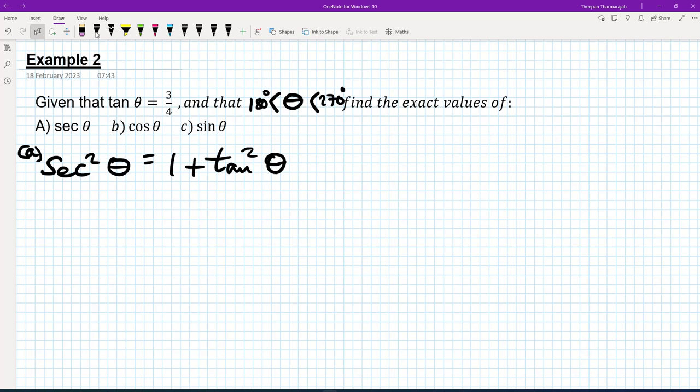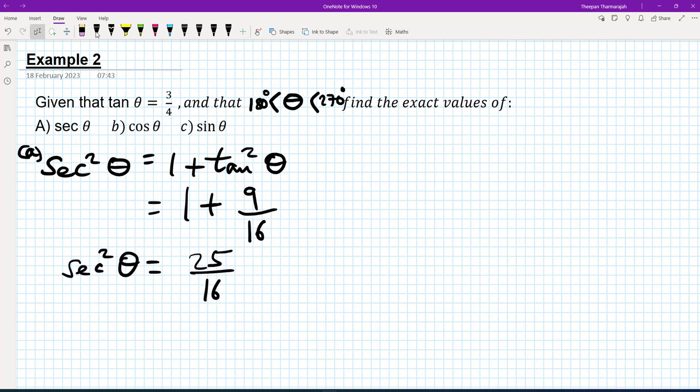So that's going to be 1 plus 9 over 16, which is 25 over 16. So sec theta is plus or minus 5 over 4.